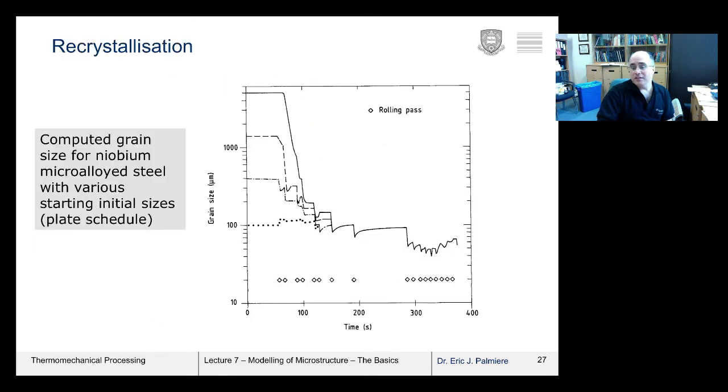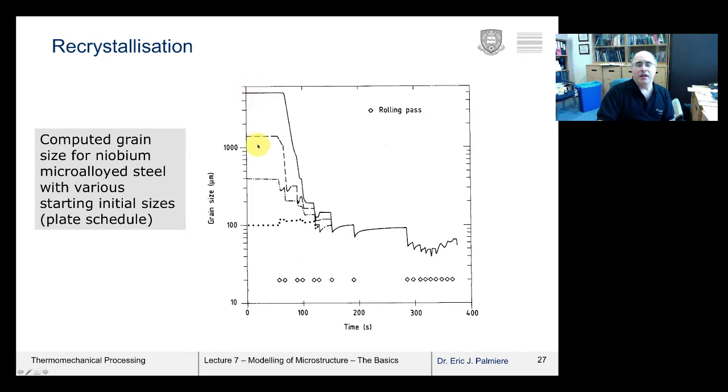Another application is plate rolling, in this case of microalloyed steel, where again we're plotting the grain size as a function of time for a series of deformation passes. The diamonds represent the times at which the deformation passes are given from our roughing mill as well as our finishing mill, looking at what happens to microalloyed steel with initially different starting grain sizes.